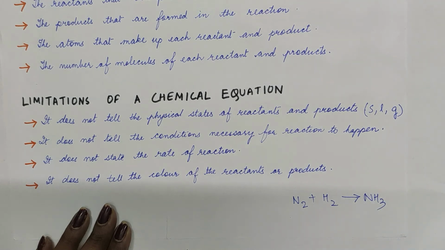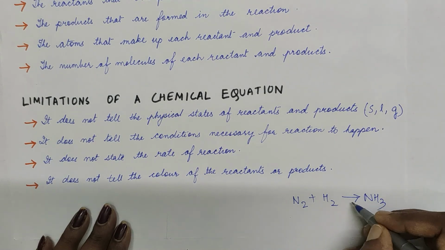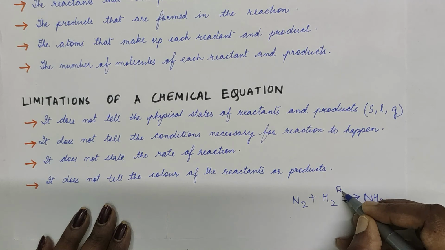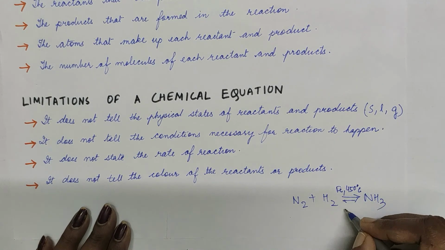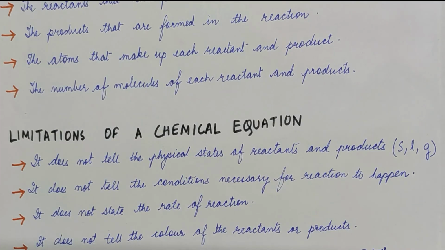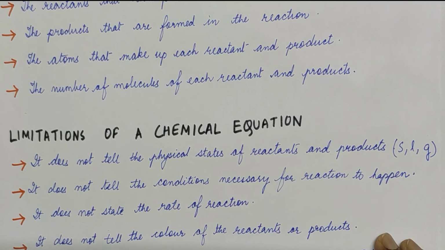These are all in the gaseous state, and a reaction condition is necessary: iron is required at 450 degrees Celsius. Iron is the catalyst, and the pressure is 250 atmospheres. So if I balance it, it will look like this, and all are in the gaseous state. I can give the condition over the arrow, and here it shows the reversibility sign, which means the reaction can be reversed.